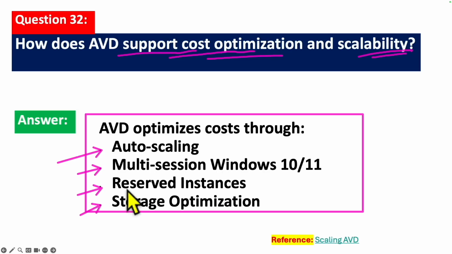So along with FSLogix, you are talking about Azure Files, which takes care of the scalability and the high performance storage solution need. So the combination of FSLogix and Azure Files helps the customer lower the storage expenses and enhance the overall user experience.